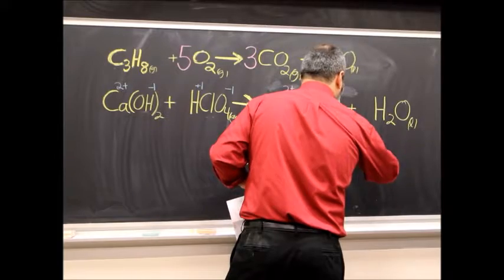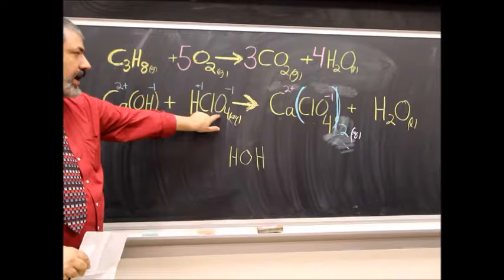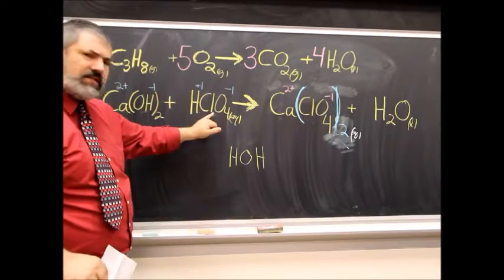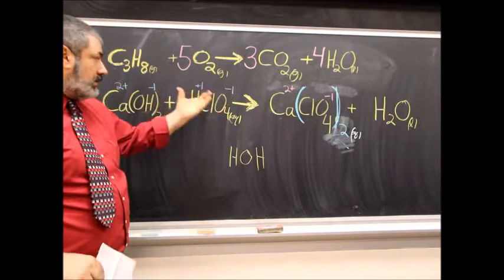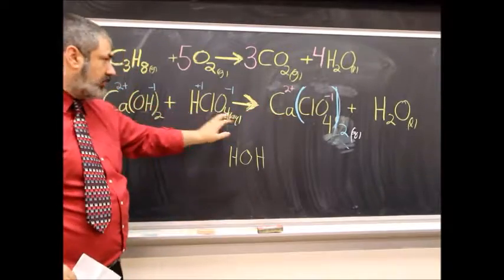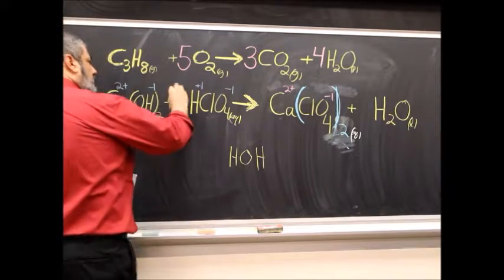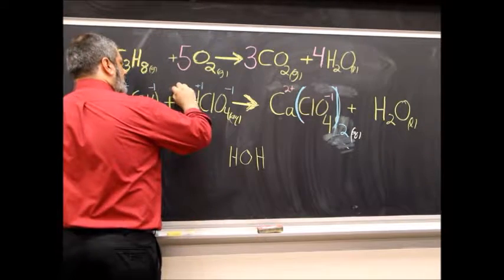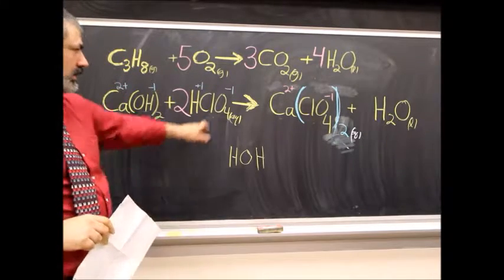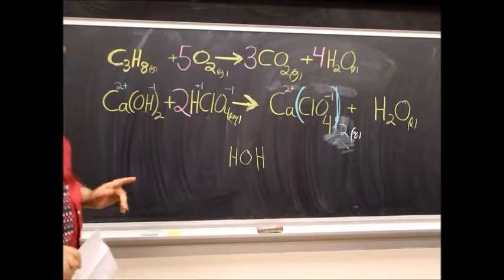And then this aqueous. So 1 ClO4, 2 ClO4s. Notice I'm not taking the time to count individual atoms. Perchlorate is intact on the product side and the reactant side. So I can treat it as 1 unit. Well, if I have 2 of them there, I'm going to need 2 of them here. 2 perchlorates, 1 calcium, 2 perchlorates, so that's fine.